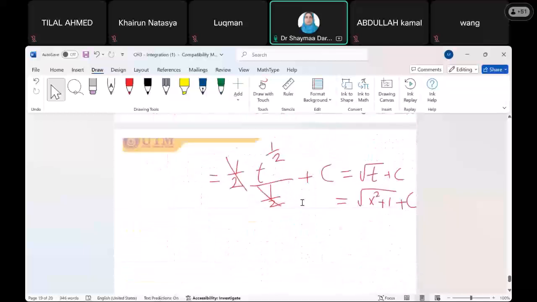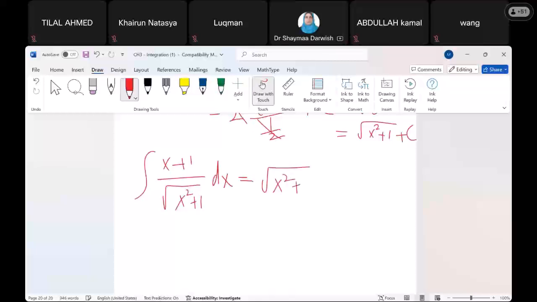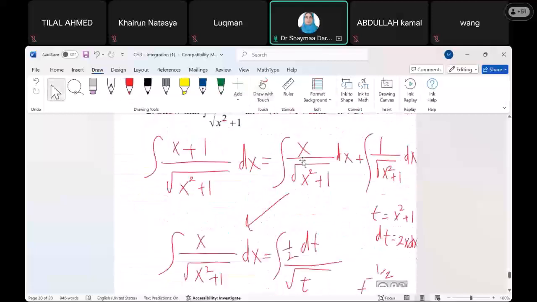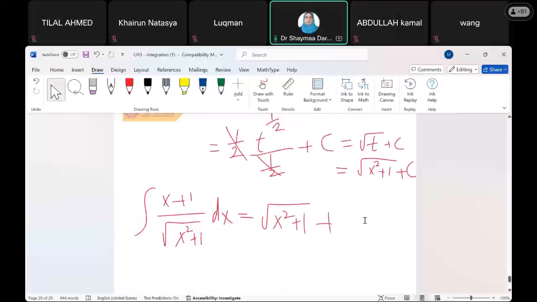So the integration of x plus 1 over the square root of x squared plus 1 dx equals the first integration, the square root of x squared plus 1, plus the value of the second integration, sine inverse x, plus constant.